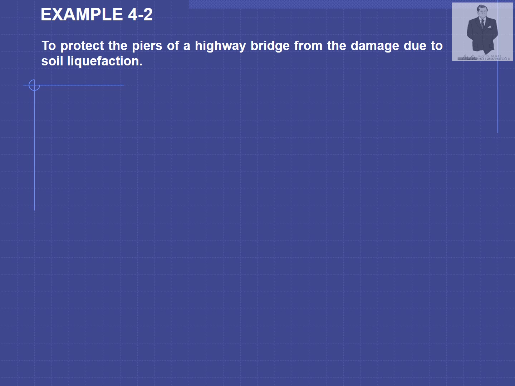When the saturated sandy soils are subject to shaking, they tend to compress, and this compression will apply pressure to the pore water. As a result, the pore pressure will increase, which is named as excess pore pressure.